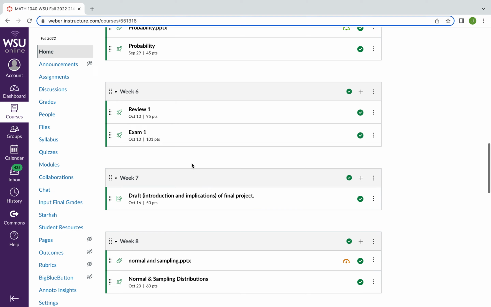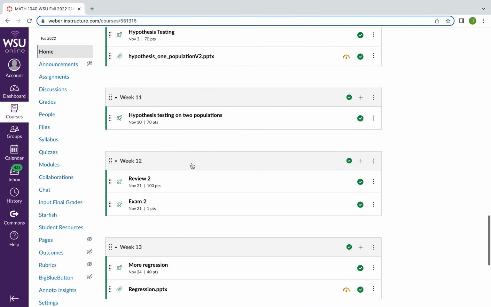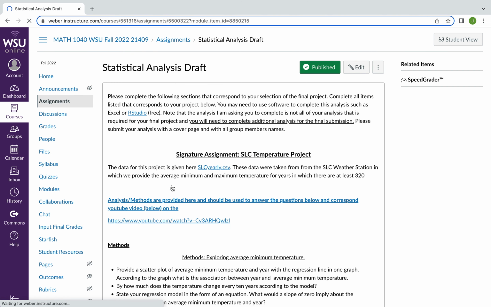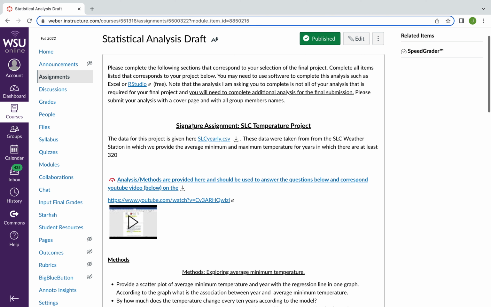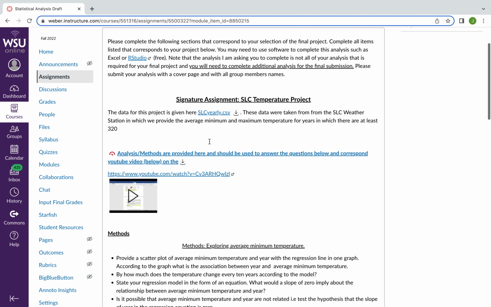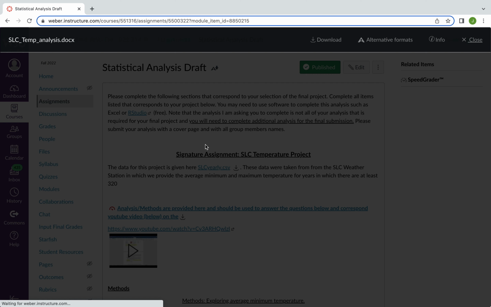So in the analysis section for your project, there's a statistical analysis draft that you have to turn in. This statistical analysis draft, there is an outline of the statistics that you need to compute. And if you click here, I'll preview it.